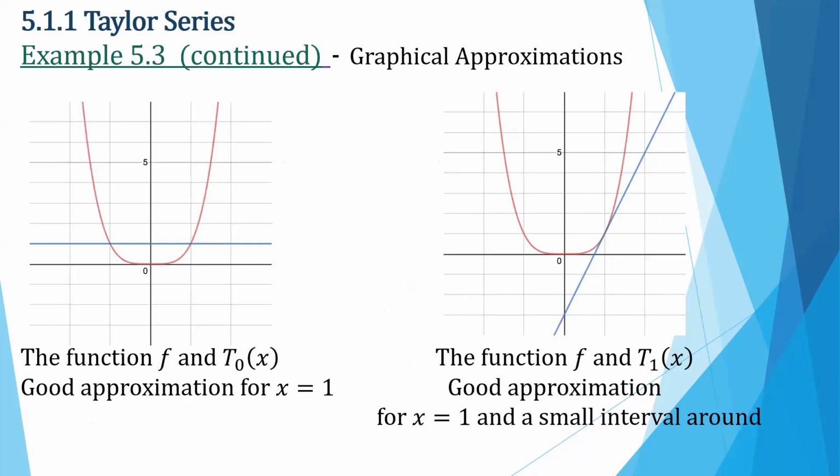So this is graphically what happened. This is the function x^4. This is T0, which is 1, a constant function. So here you see it's not at all a good approximation. They match only at the point x0 equal 1. This is the approximation of degree 1, the linearization.